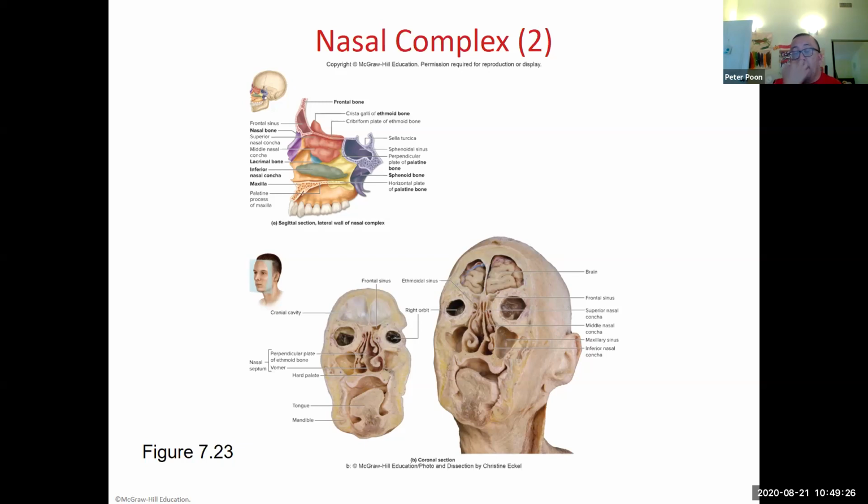So when you breathe in, the air swirls around in your nasal passages before it goes down your trachea and into your lungs. That helps moisten the air and helps filter out the contaminants.